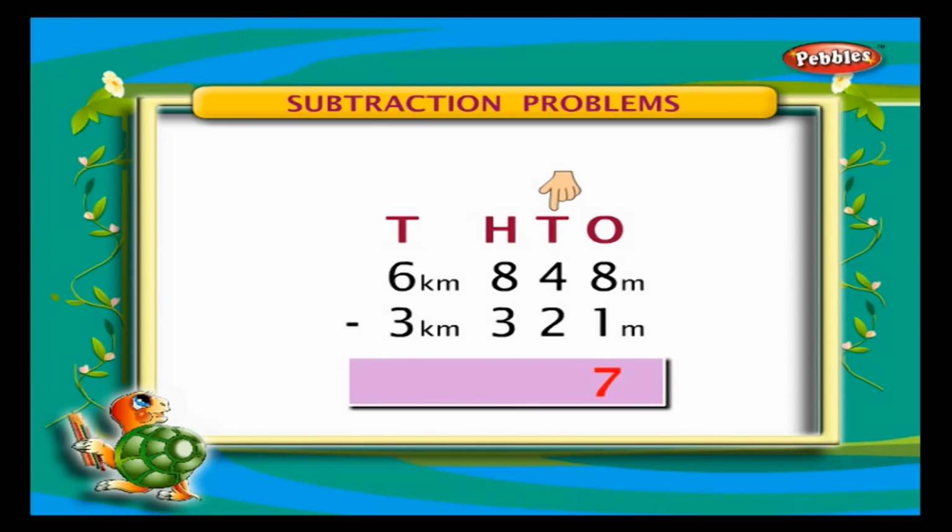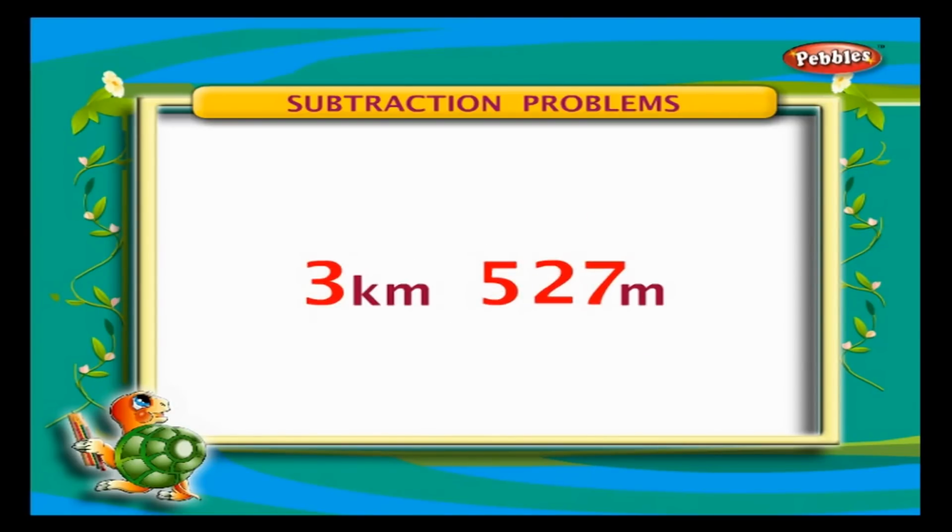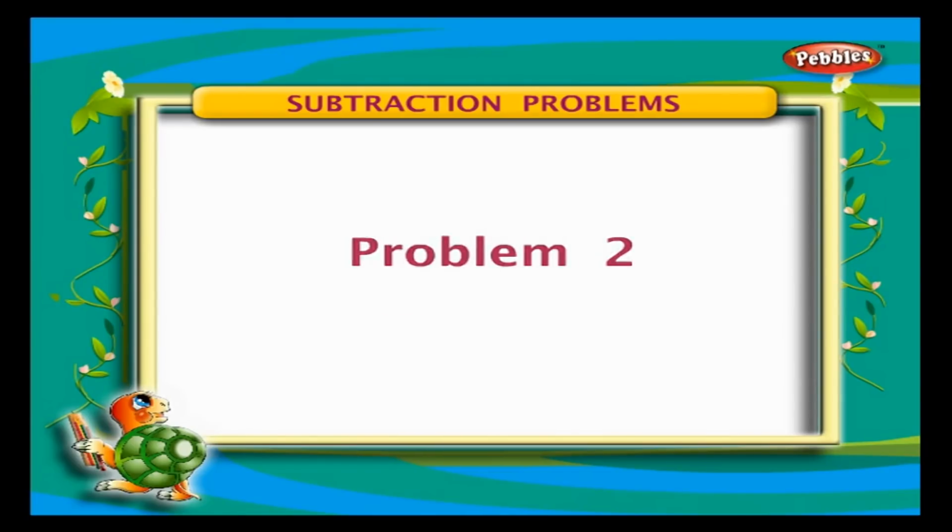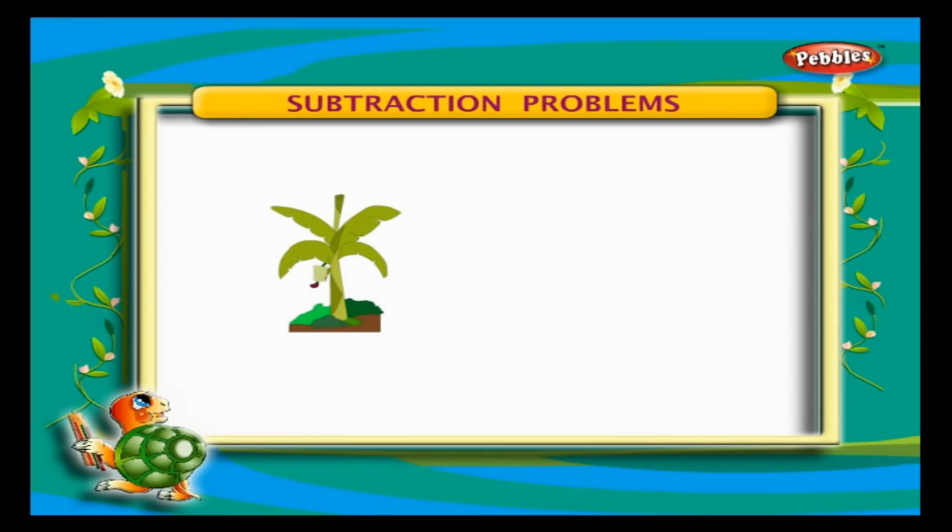Subtracting tens, we get 2. Subtracting hundreds, we get 5. And subtracting thousands, we get 3. So the difference between the distances traveled by both the vehicles is 3 kilometers and 527 meters.